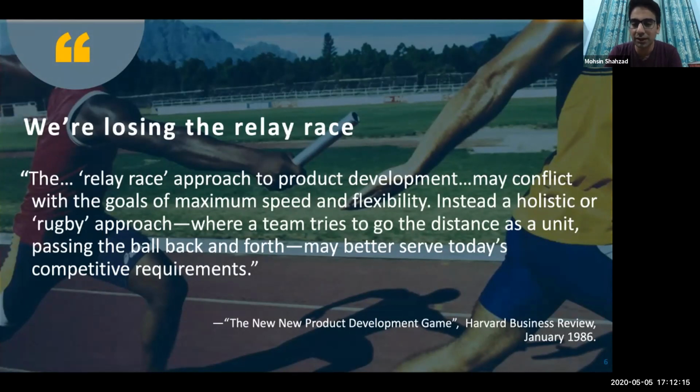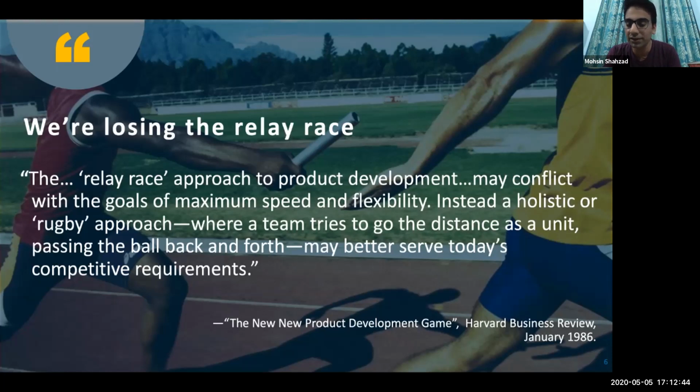The traditional project management approach was like that, where one phase has to finish and move on, and the other phases are in queue. Later, with the software and industry revolutions, these practices were taking more time, instead of a holistic or rugby approach.